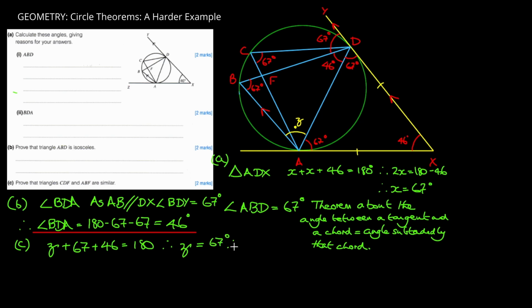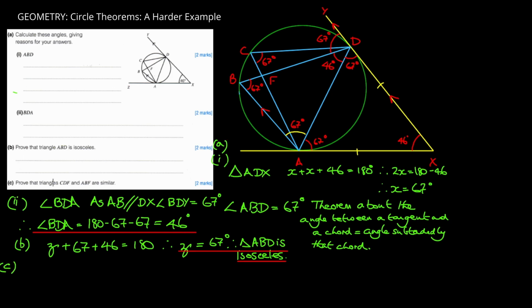I am really running out of space. Therefore, triangle ABD is isosceles. And that is your answer for that part. Let's pop that on the diagram. So that angle there is also 67 degrees.